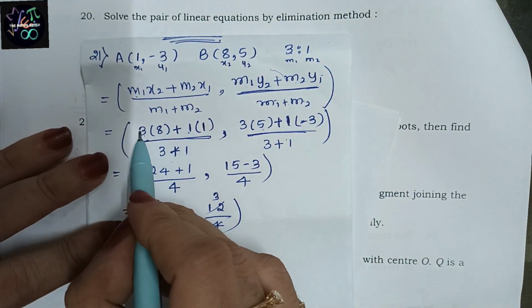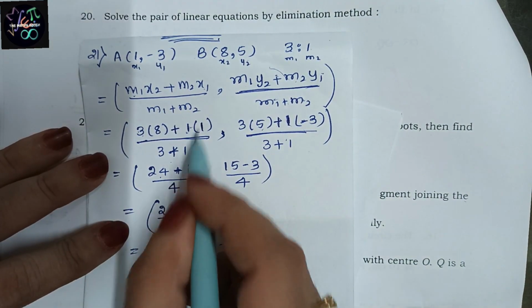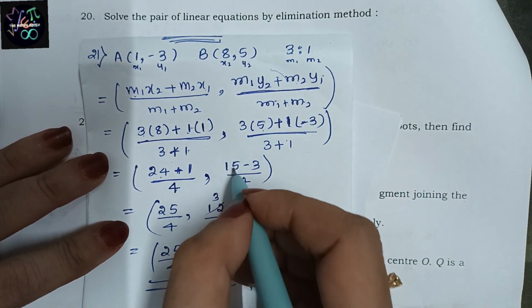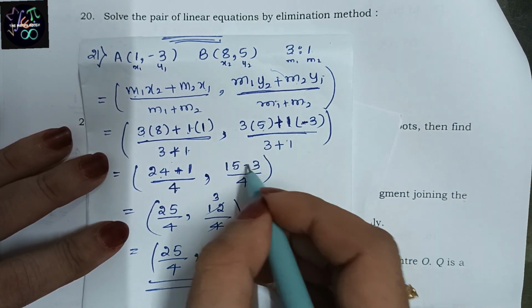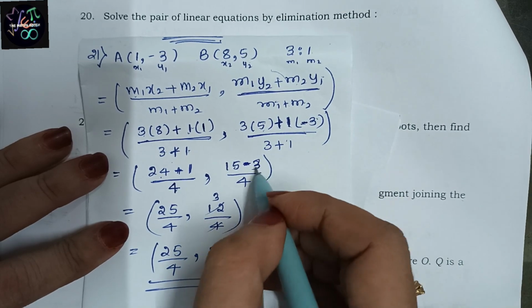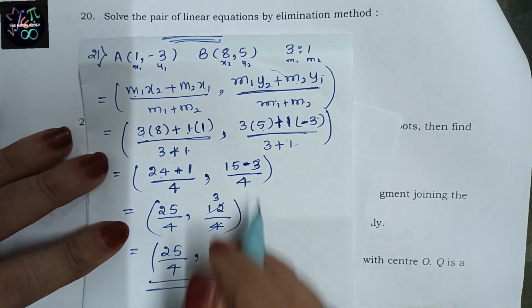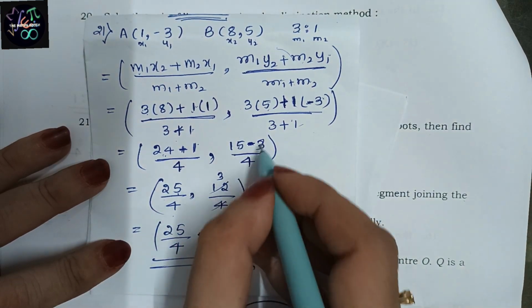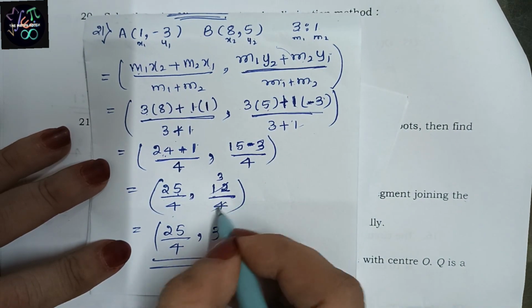Next, 8 3s are 24 plus 1 1s are 1 upon 3 plus 1 is 4, comma, 5 3s are 15 plus minus 3 1s are 3, upon 3 plus 1, 4. Okay. Next, 24 plus 1 is 25 by 4, comma, 15 minus 3 is 12 by 4.